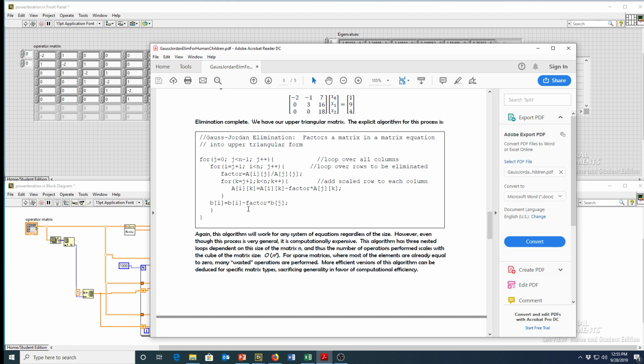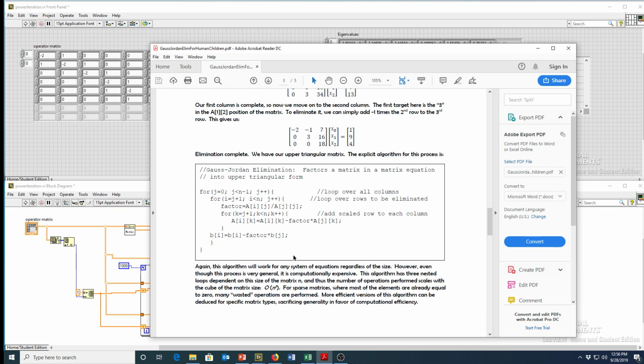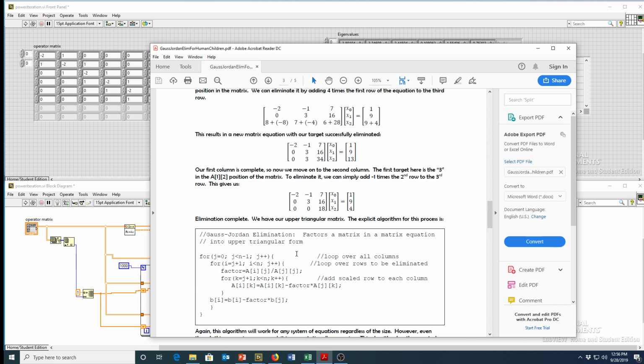But this algorithm has 3 nested loops in it. So the operations scale with the size of the array cubed. So it's not very efficient, and for large matrices, it takes a very long time.